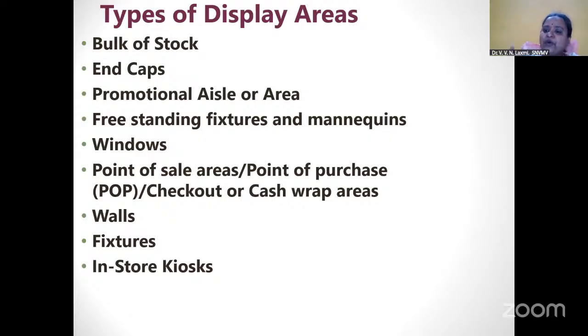One can have promotional easels or areas with fixtures, mannequins, or gondolas, or the round racks or the elevated racks where all the dresses or items are hung or kept, which are kept isolated or separate or in the middle of the store.